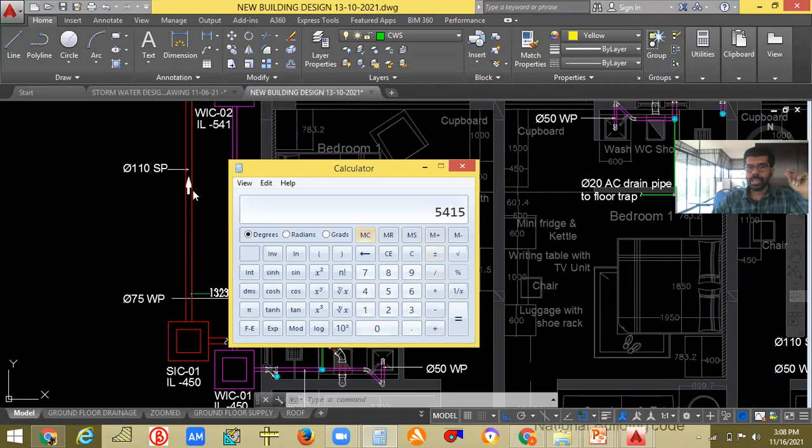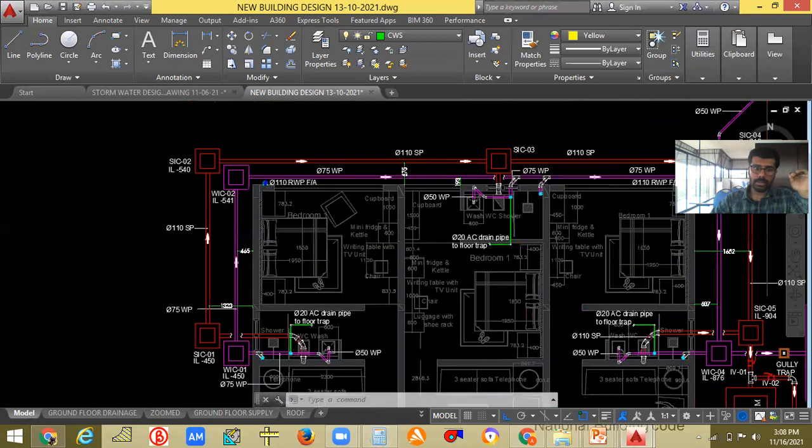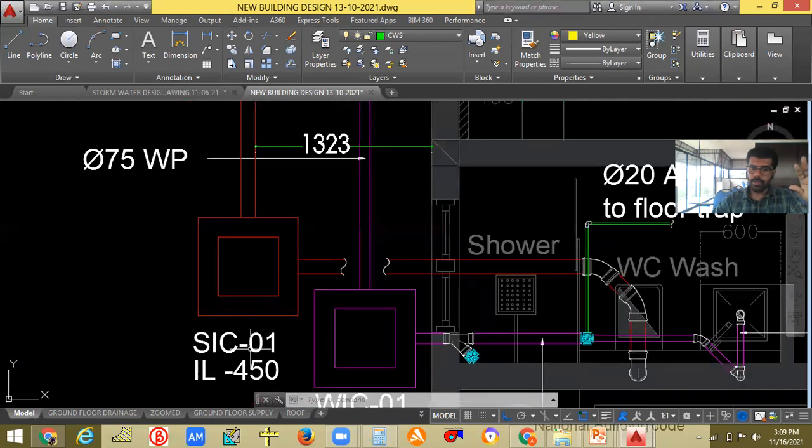So if I'm taking 60 as the slope, you have to divide by 60. Understood? You divide by 60 and you'll be getting 90.25. So 90.25 will be the invert level difference, or the slope, between this one and the second chamber. Initially it will be 450.